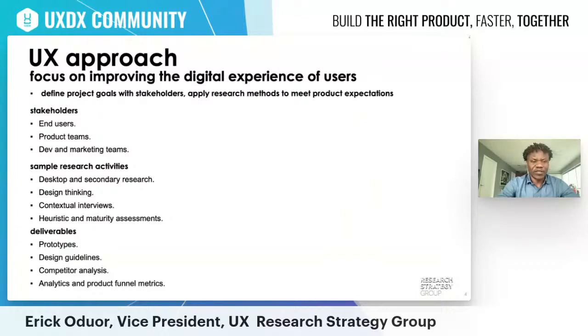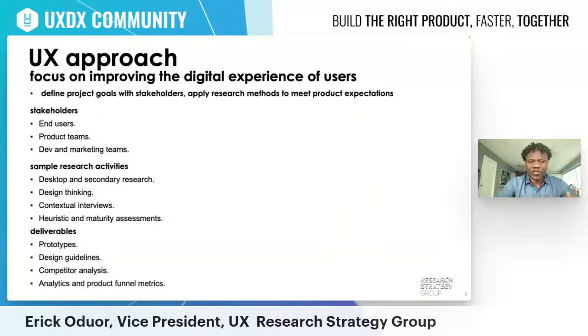And then you conduct a research method. Some activities that you conduct to help answer these questions are desktop research, design thinking, contextual interviews. And then for products that are already in market and you want to monitor their performance, you conduct heuristic and maturity assessments. Once you do that, you also provide deliverables back to the stakeholders.